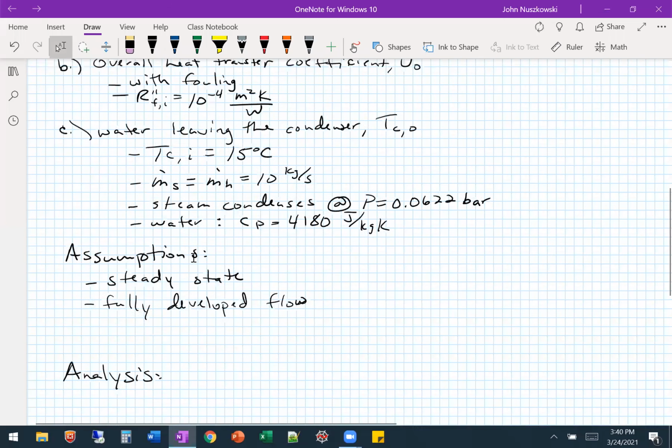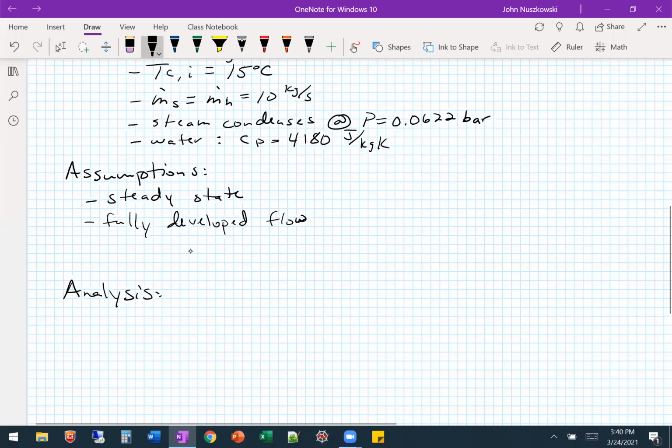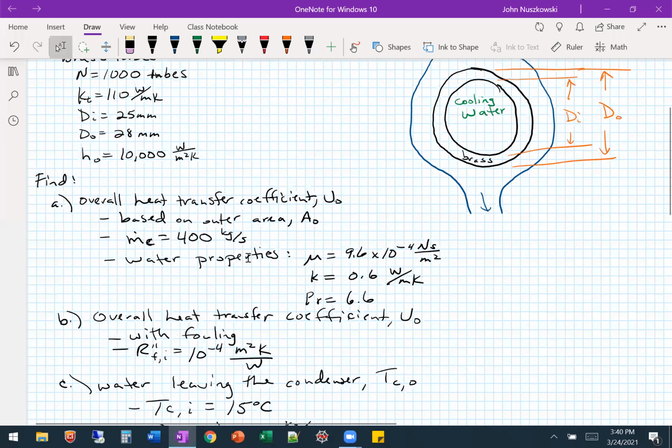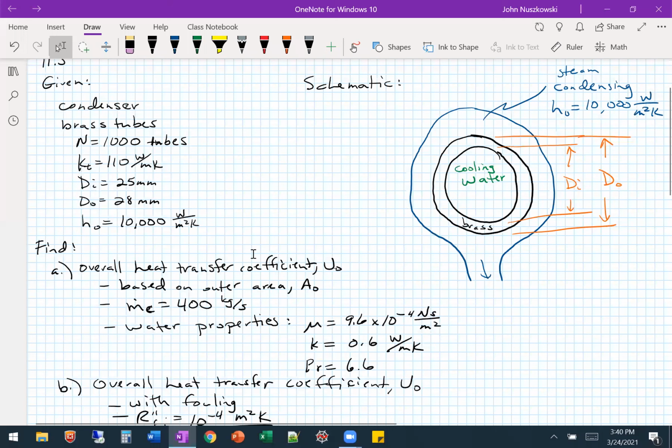So part A, if we go up, we're looking for the overall heat transfer coefficient. Where do we think we want to begin for this?